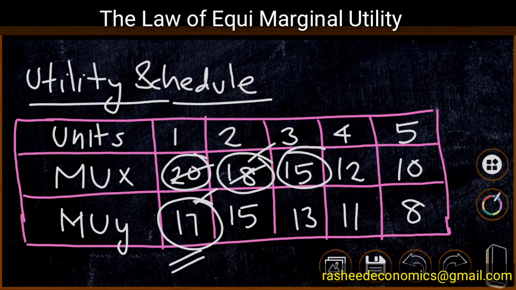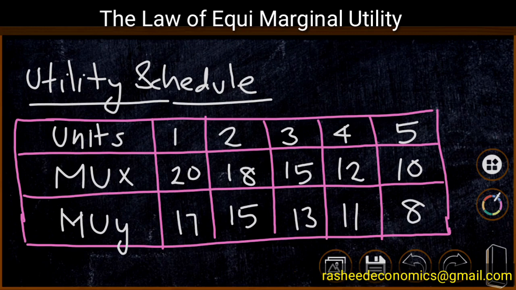These will be compared. The third unit of X with the first unit of Y will be compared, and the consumer will select Y. Therefore, the consumer now has 2 units of X and 1 unit of Y if he is consuming 3 units.